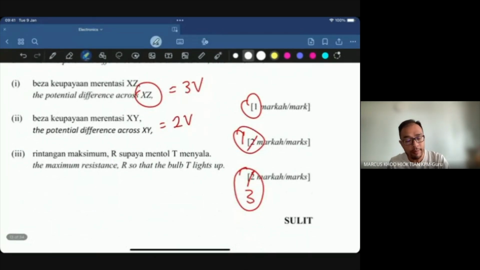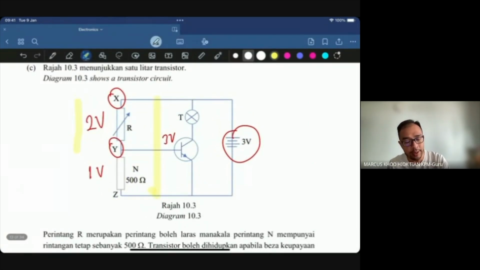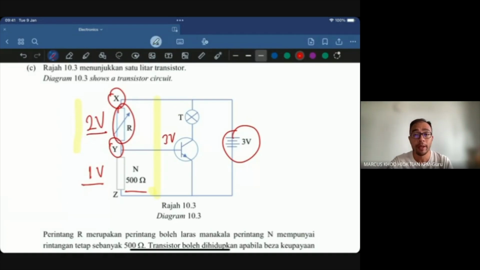Okay, so the maximum resistance R so that the bulb T lights up. Essentially they are asking: here is 1 volt and this is 500, and this is 2 volts, so how much should this resistance be? Look at it logically. If 1 volt is 500 ohms, then 2 volts.